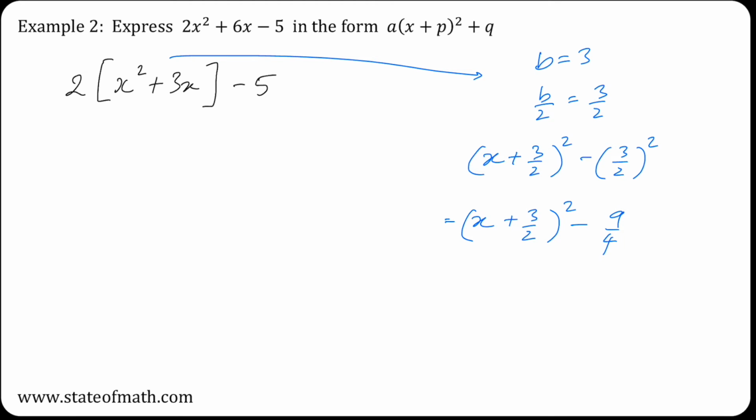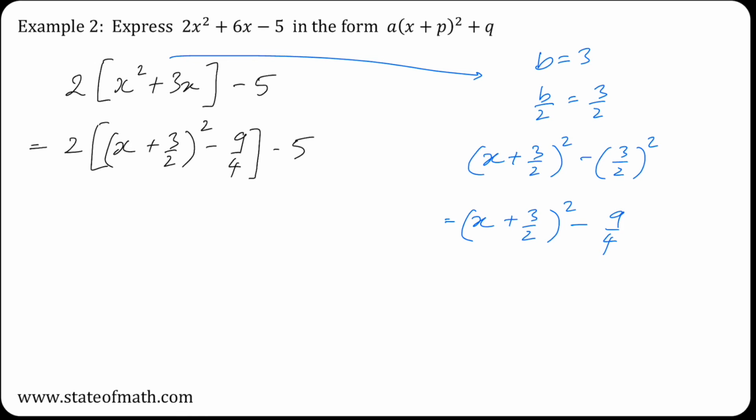And now I'm going to go back to the left, equals 2 square bracket, and I will replace x squared plus 3x with this expression here. So I get x plus 3 over 2 squared minus 9 over 4. Close my square bracket, minus 5.